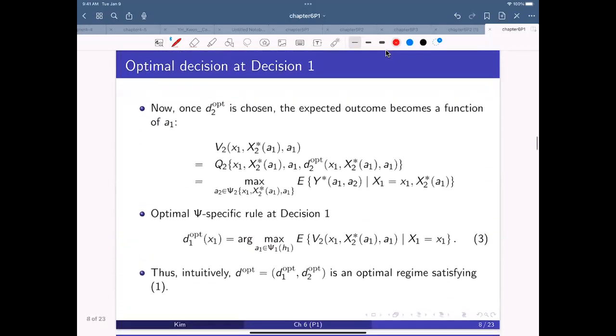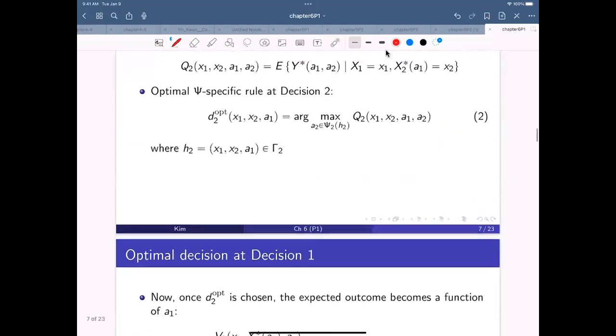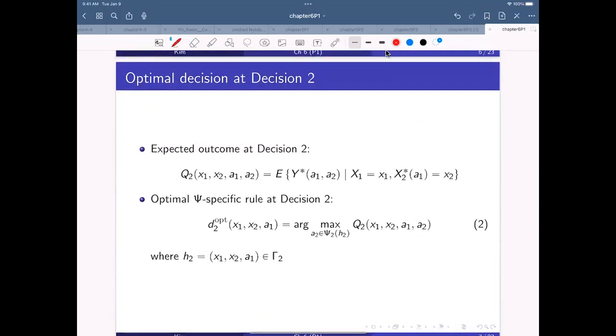And then now we plug in. Once A2 is chosen, the expected outcome becomes a function of A1. So this is the value function based on the history. This is nothing but Q2 evaluated at the maximum.